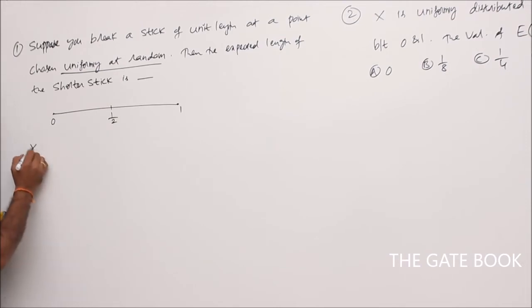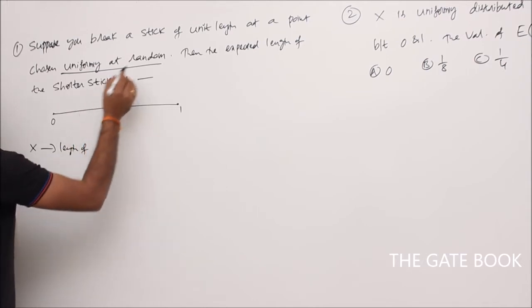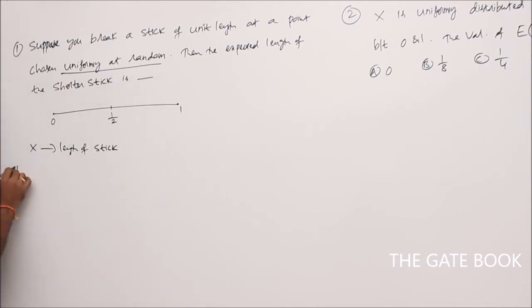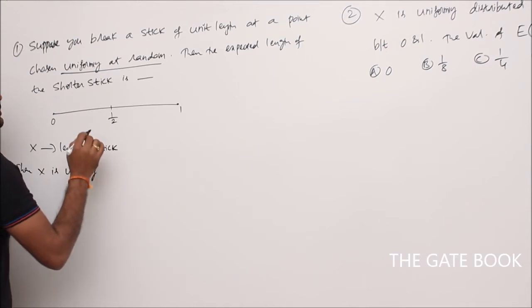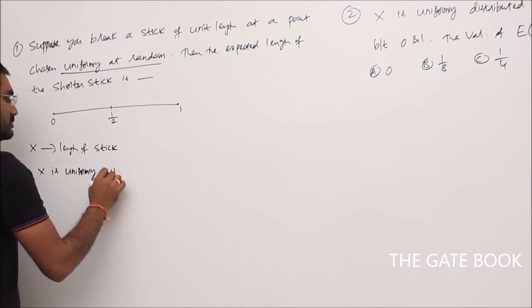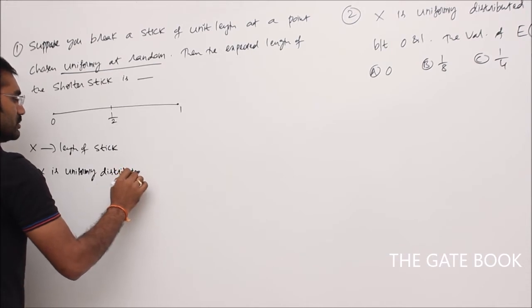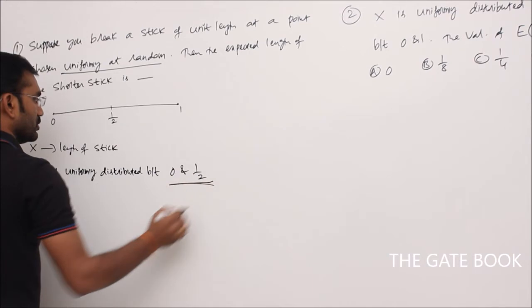So here x indicates the length of the stick. Then x is uniformly distributed between 0 and 1 by 2.